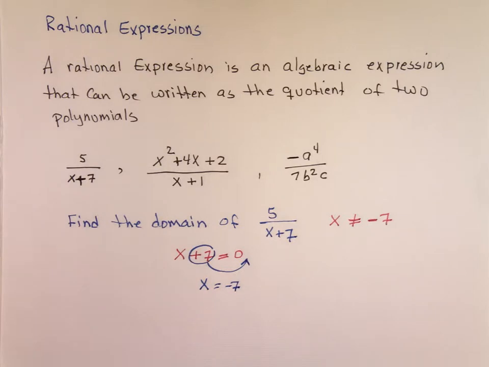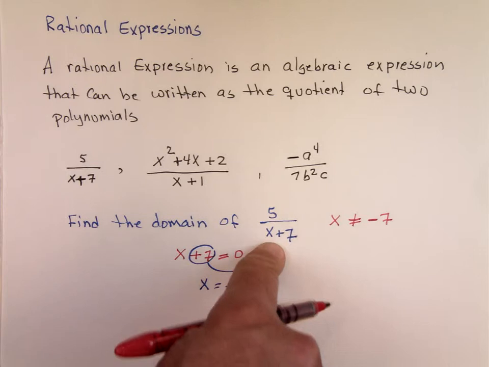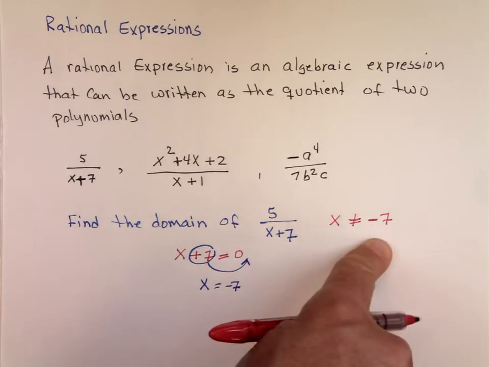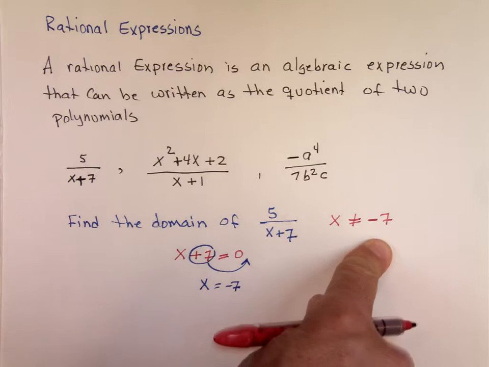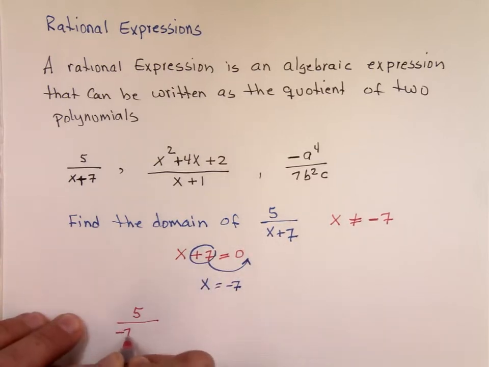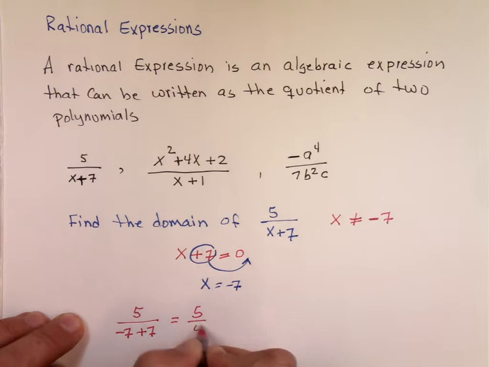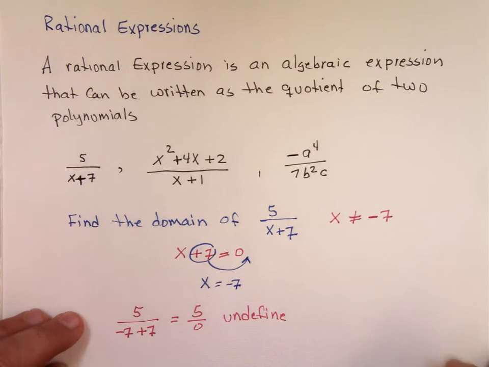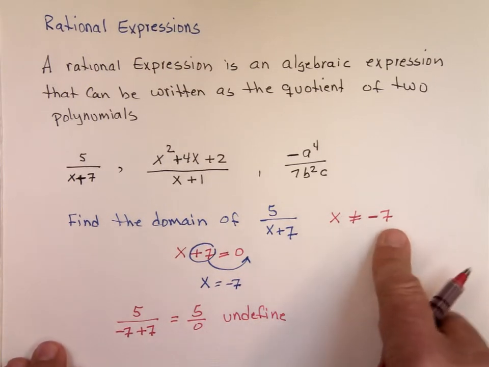And why is that? What will happen to this rational expression when x is negative 7? The value will be 5 over negative 7 plus 7. What is negative 7 plus 7? It's 0. 5 divided by 0 is undefined. That's why we're saying x cannot be negative 7.